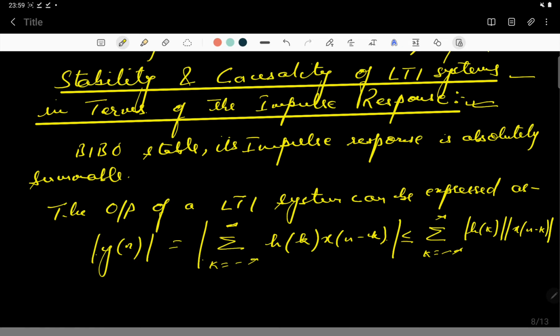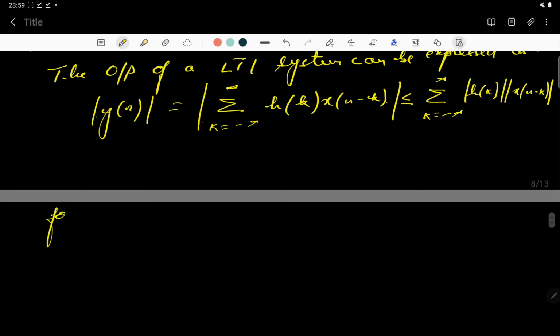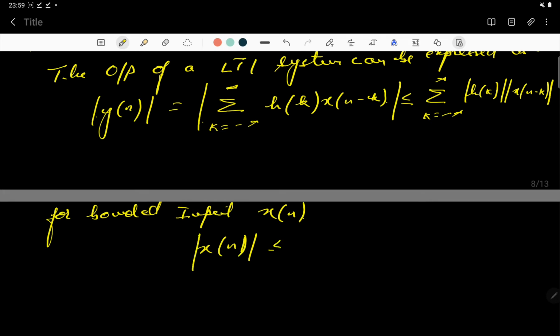So for a bounded input x[n], the magnitude of x[n] should be less than or equal to beta x, which is less than infinity.